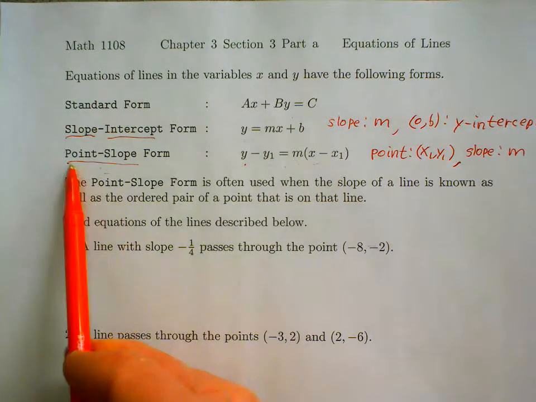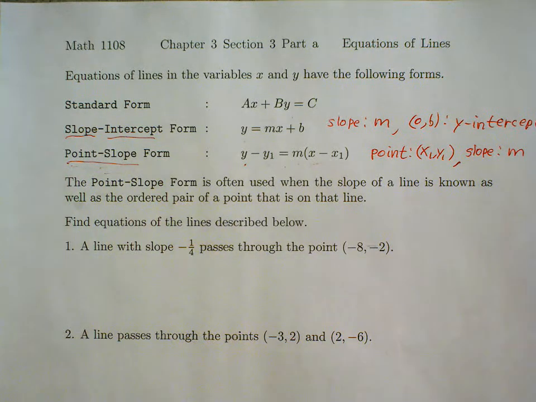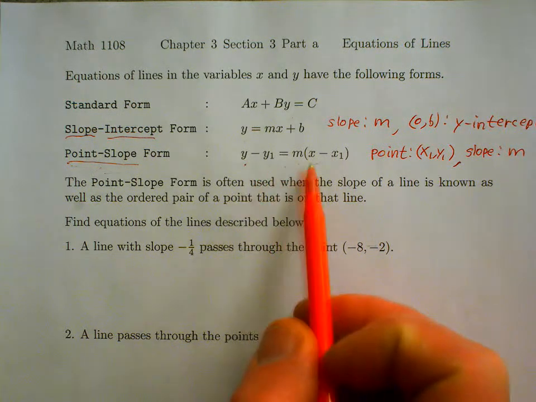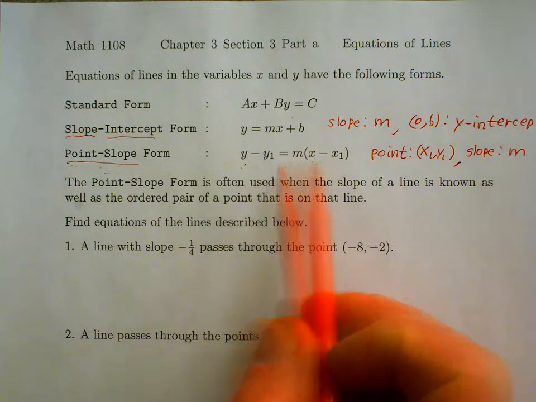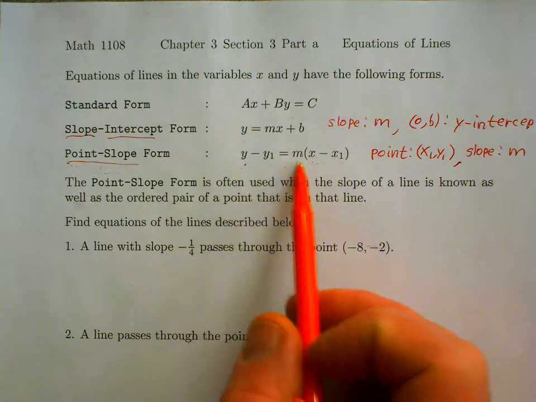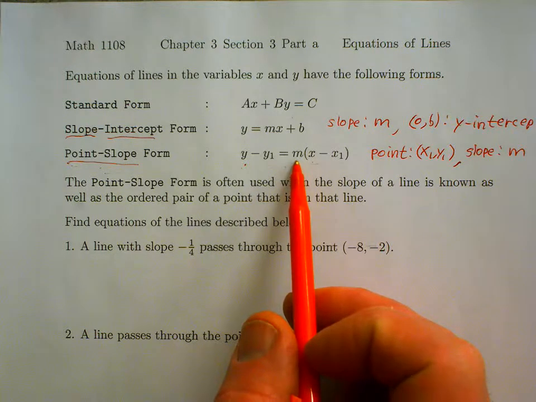Hence the term point-slope form. So in this equation, x and y are the variables. x1, y1 represent constant real numbers, and the slope m represents a constant real number.